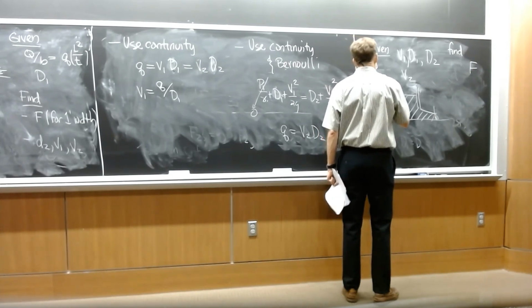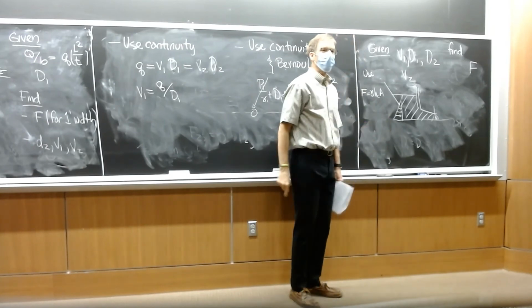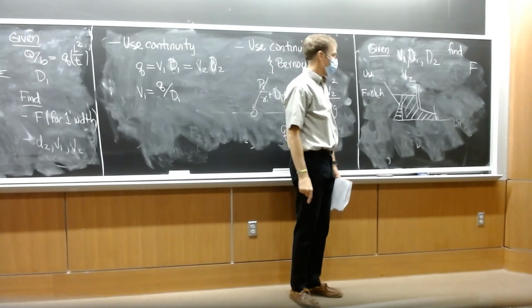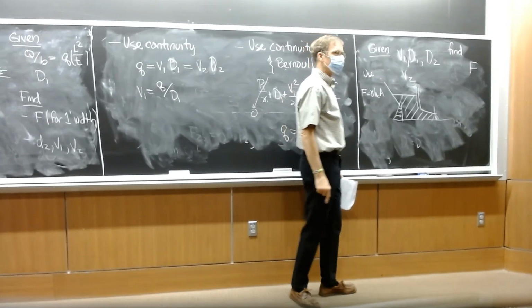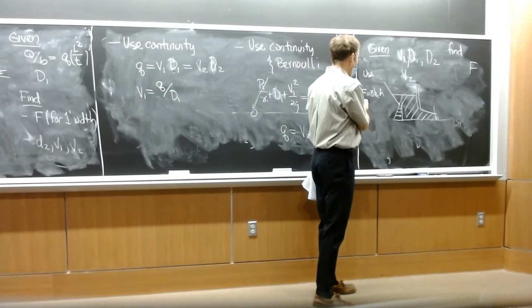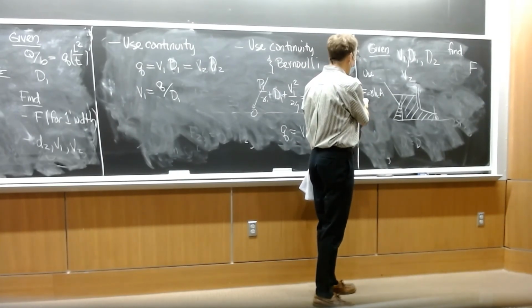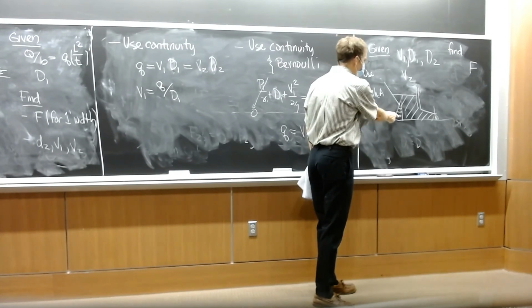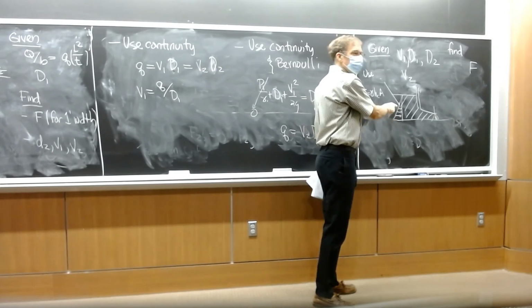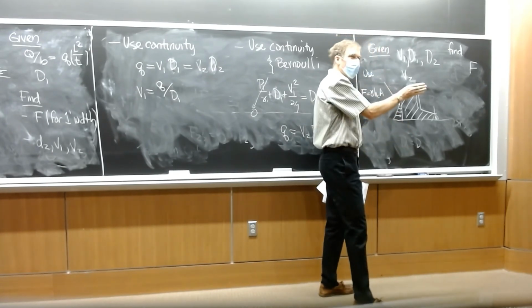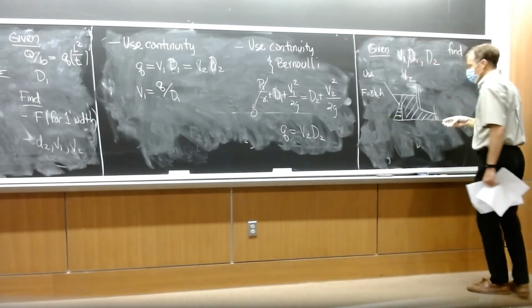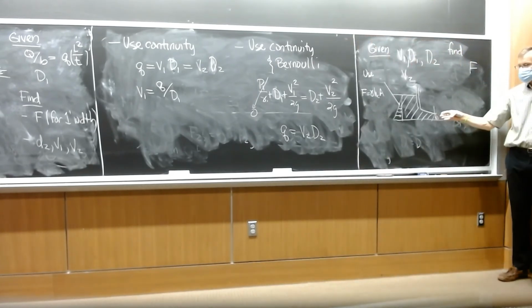You use an equation from fluid statics to get the hydrostatic force on the upstream side in the x direction and on the downstream side in the negative x direction to get those two external forces.